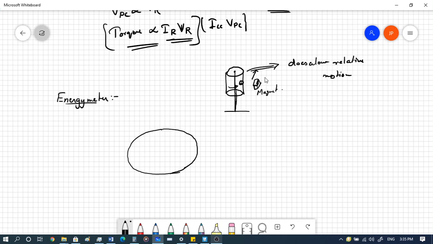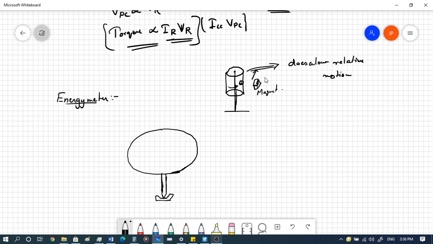A rotating magnetic field can induce an EMF in the aluminum disc, and in order to reduce the relative motion, the disc can go into a state of motion. The aluminum disc is mounted on a spindle, so it is freely rotatable. So let's see how we can produce a rotating magnetic field.